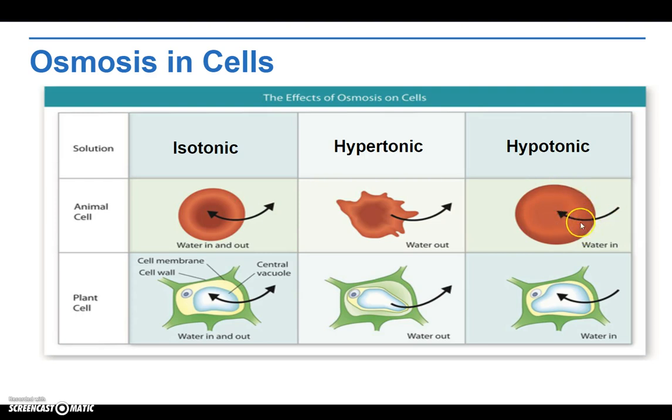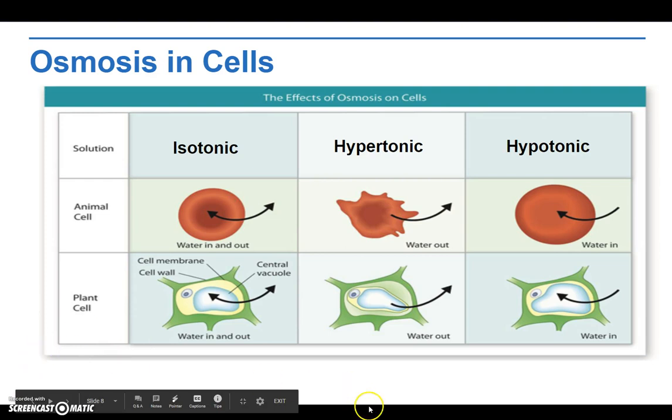And eventually, if too much water moves in, the cell will explode. It will kill the cell. Okay? And same thing with the water plant. So these are the effects of osmosis on cells, on living things.